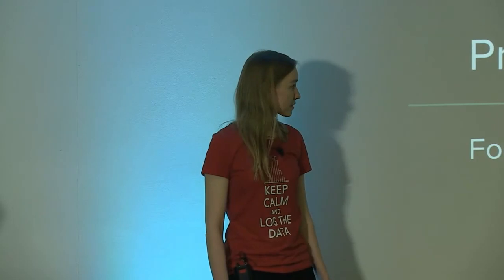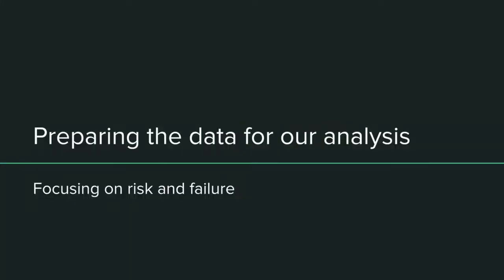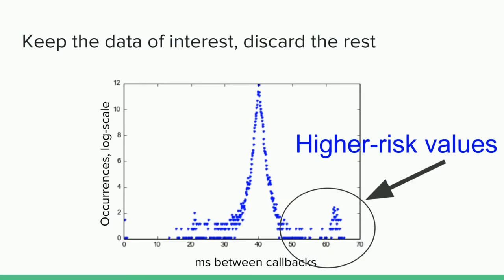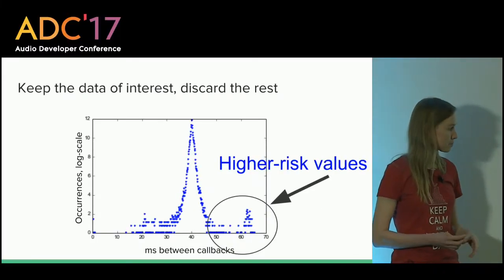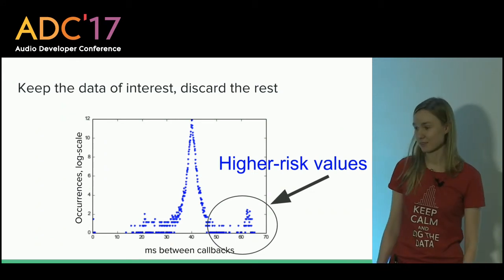So now we can think about how to further process or prepare our data for statistical analysis. So we come back to this histogram. The values we're interested in are the high-end values. There are a lot fewer of those than what we see in the center. So we can just discard the typical behavior and keep what we're interested in, the high values.